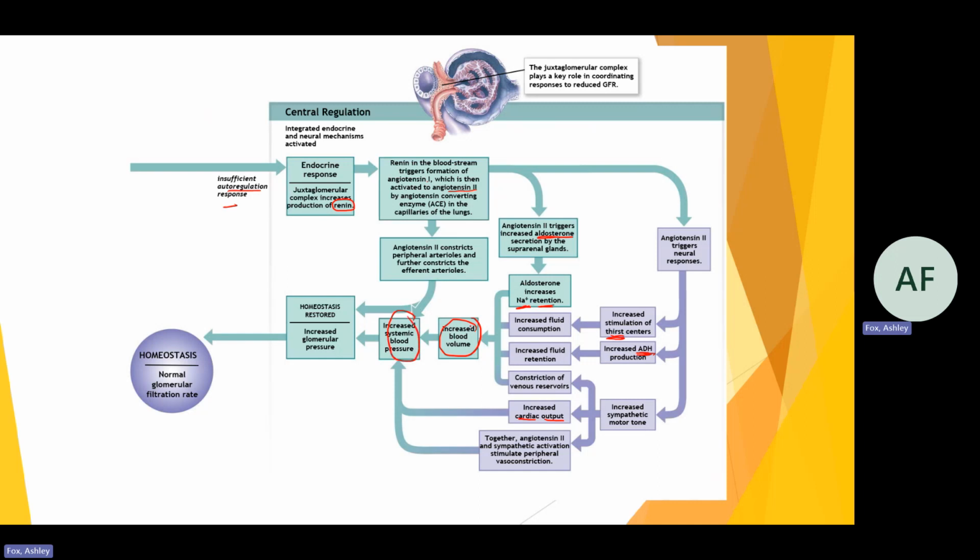So you're going to do everything you can to increase blood volume, which will increase systemic blood pressure, and other ways that you can further increase blood pressure. This is because, again, of a reduced GFR, so increased blood pressure and increased blood volume is going to increase your glomerular pressure, which is going to increase your glomerular filtration rate back to normal.